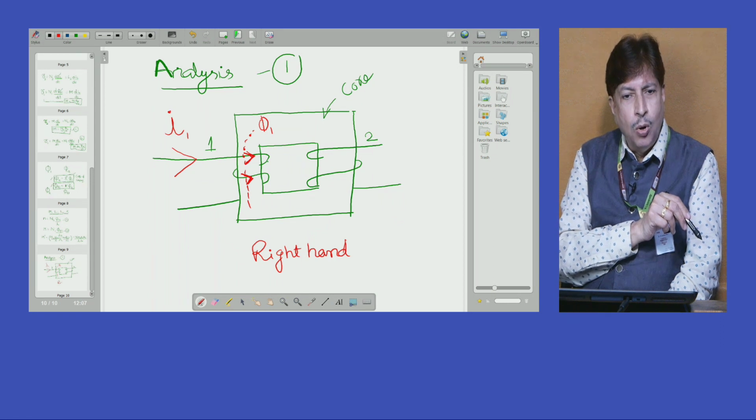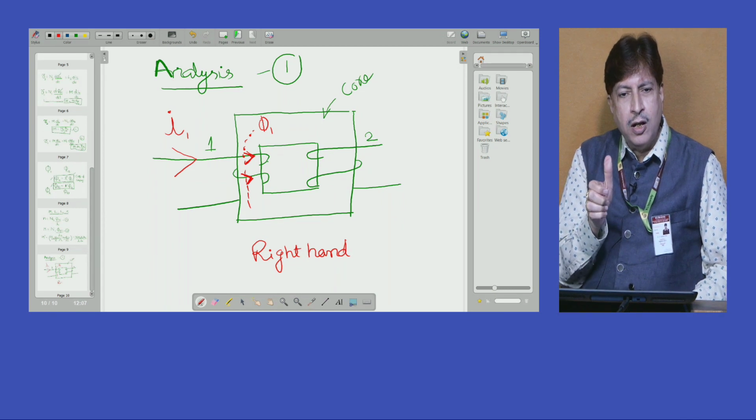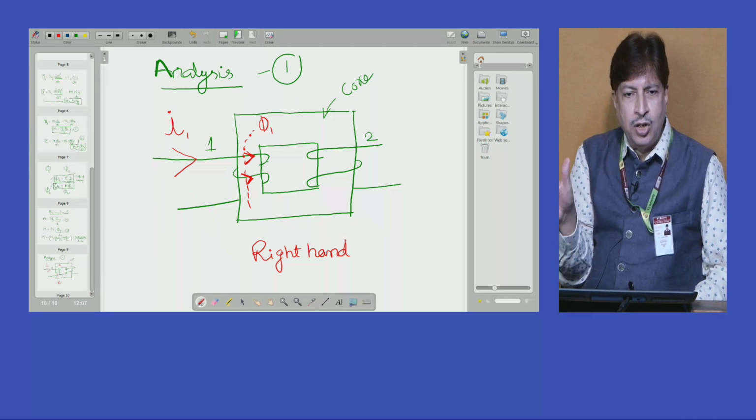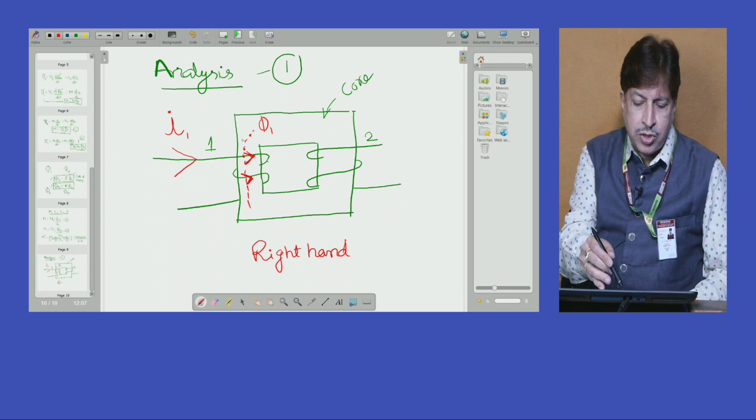Once I do it, the thumb projected gives the direction of the main flux developed in the core. Accordingly, I need to mark the flux direction upwards.